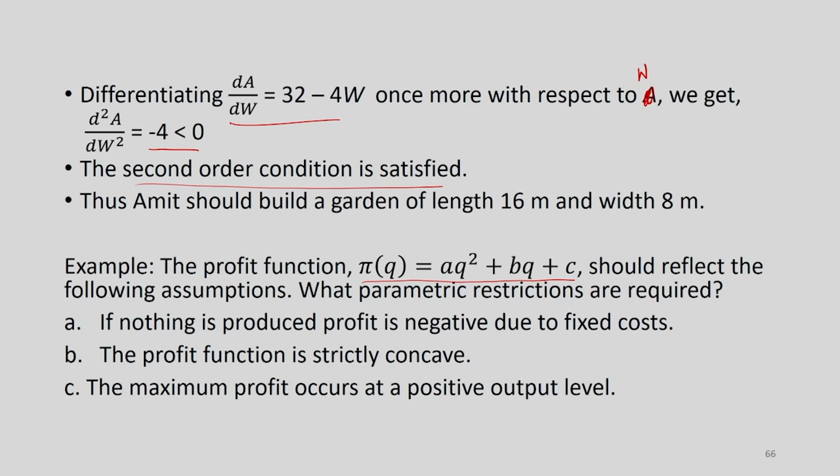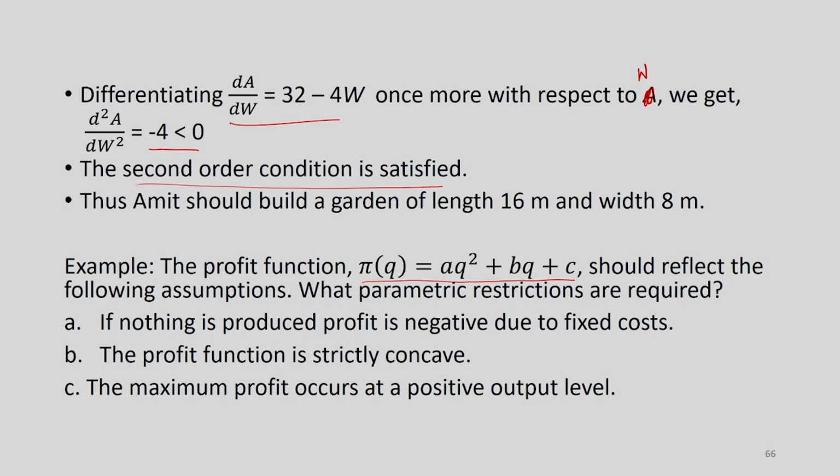So, our task is to find out what restrictions should be there on a, b and c. These are the parameters. What restrictions should be there on these 3 parameters so that these 3 conditions are satisfied. So, that is the problem. Okay, let us do them one by one.